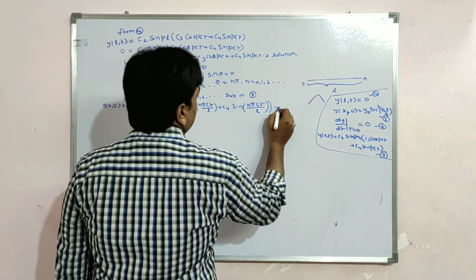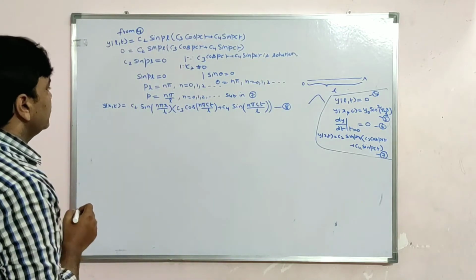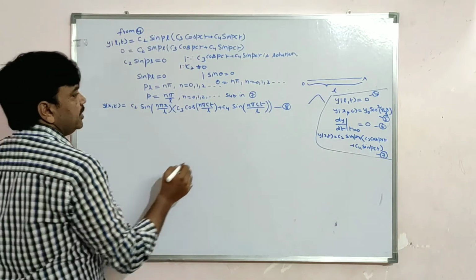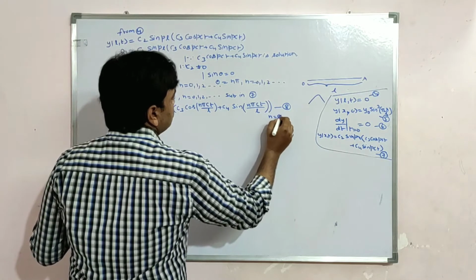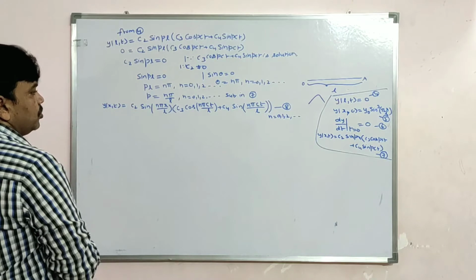So this is 8, students. Here n is equal to 0, 1, 2 and so on.